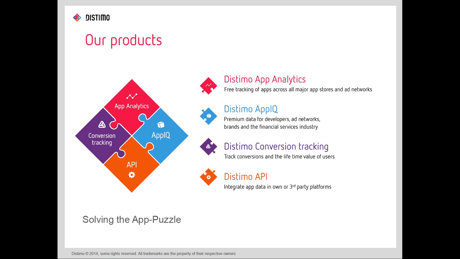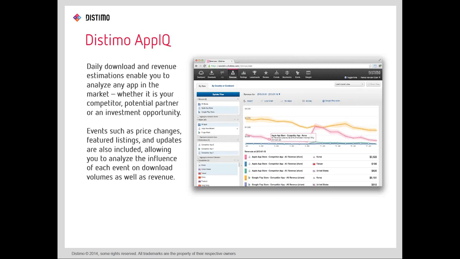And we also offer something like a conversion tracking that will allow you to track your user value from the users that use your own apps. And of course, there's also an API that allows you to export all that great information. But surrounding all that, we have our main product, Distimo AppIQ, which really is what this report and all of our reports are mainly based on.